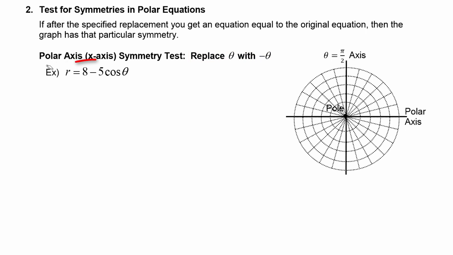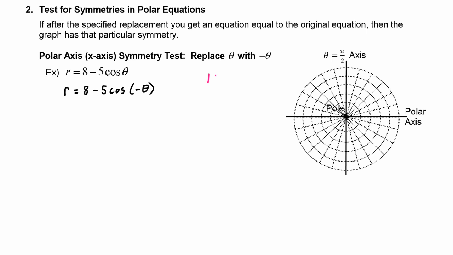So in this example, we have r is equal to 8 minus 5 cosine theta. We are going to replace theta with negative theta. So the equation becomes r is equal to 8 minus 5 cosine of negative theta.